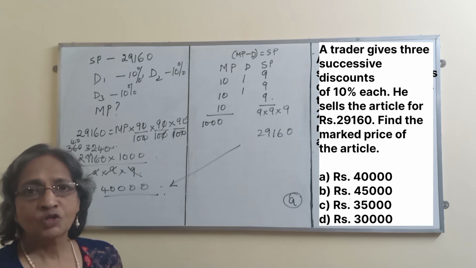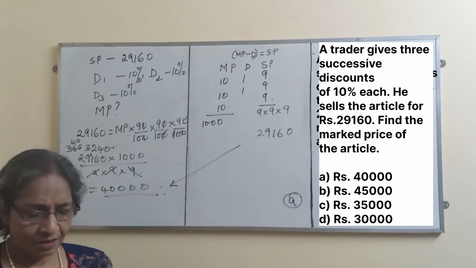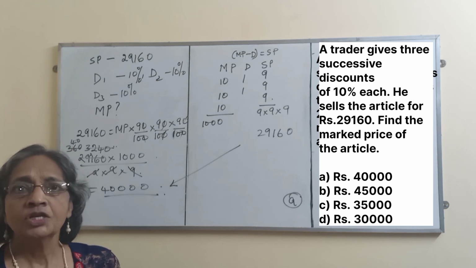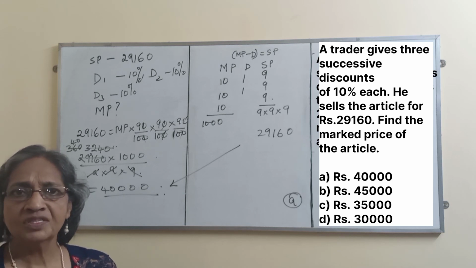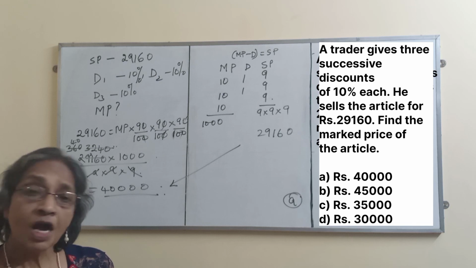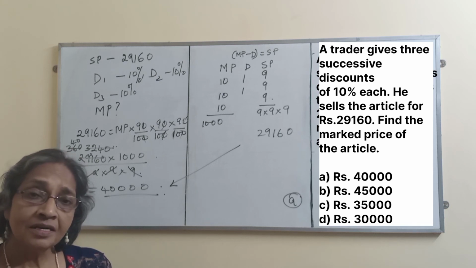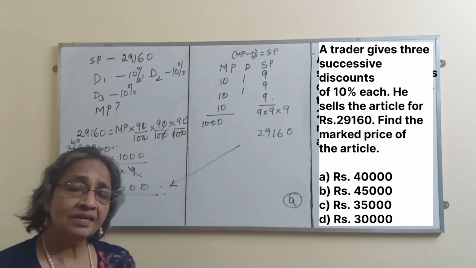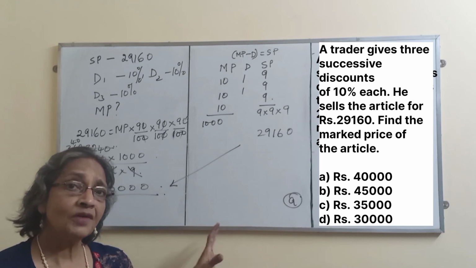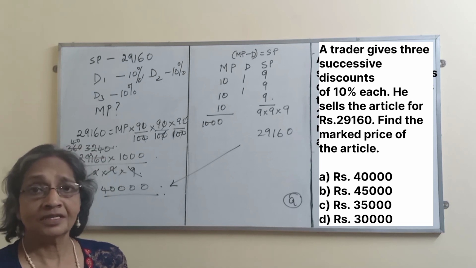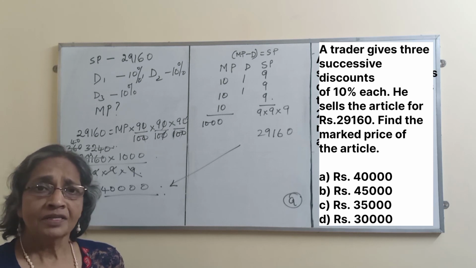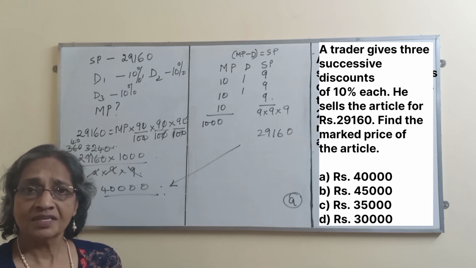Alright? So I have taken sums with single discount, 2 discounts, 3 discounts. Now these 2 and 3 discounts are successive discounts. We had taken a sum earlier where you're given a large single discount. Remember the one where we got 45% and then 20 and 30. So the discount you have to take into consideration very carefully.